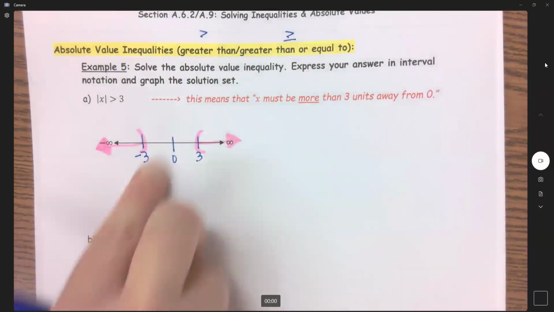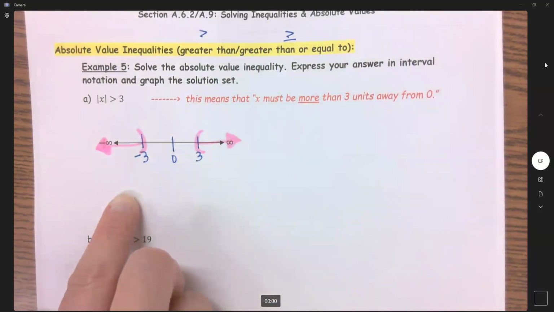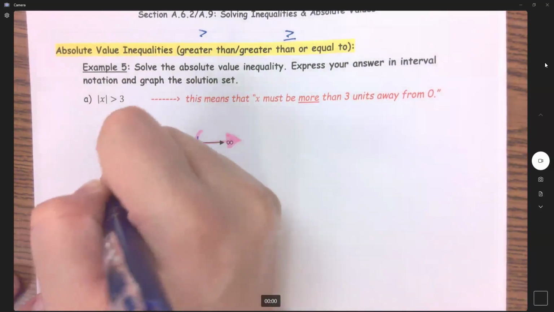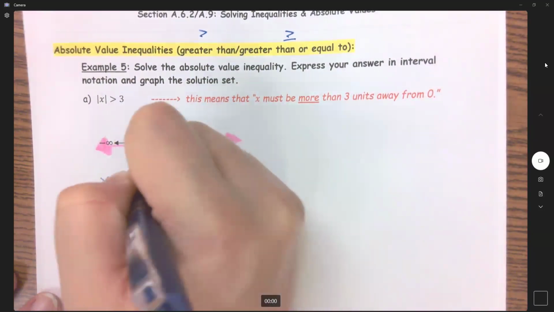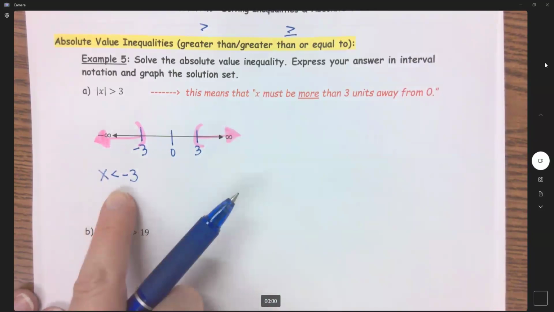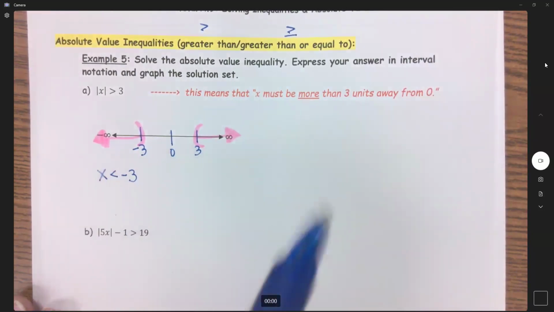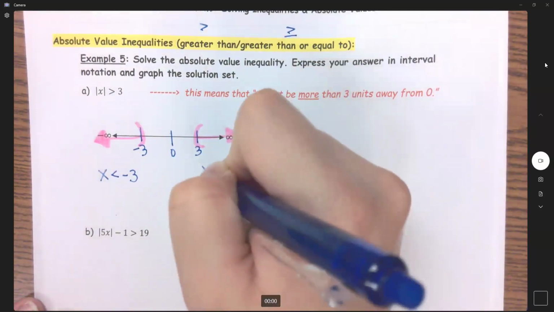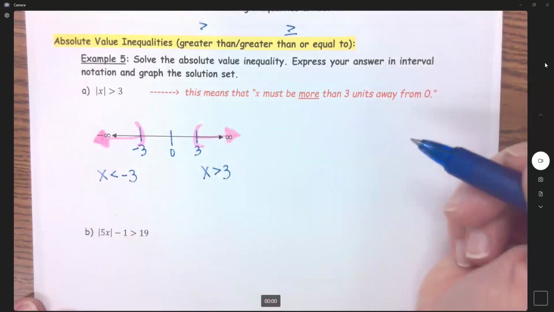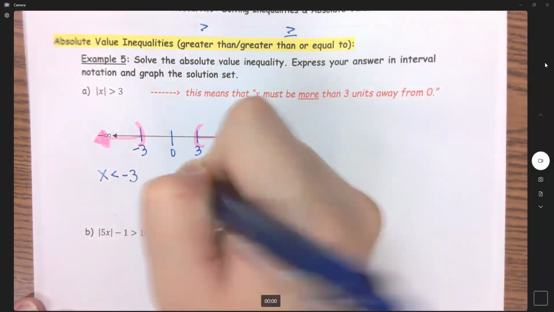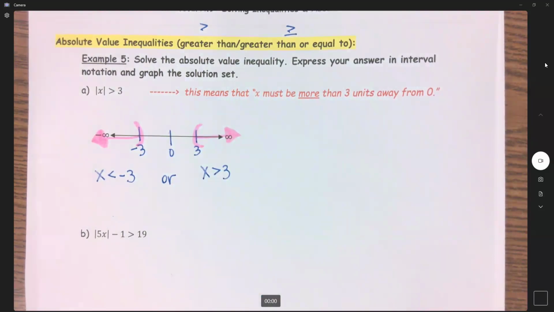So how would I represent this portion right here as an inequality? Well, this is when x is less than -3. Use that arrow to match this arrow. And then over here is when we have x is greater than 3. These are our OR statements.